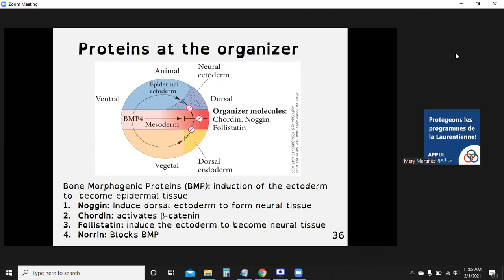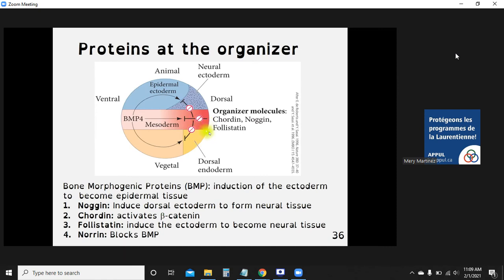So the organizer tissue acts by secreting molecules that block BMP. So here we see block, block, block. So they are blocking the BMP in this section, and that's the organizer. So they start acting by blocking all these BMPs and allowing the ectoderm protected by these BMP inhibitors to become neural tissue.